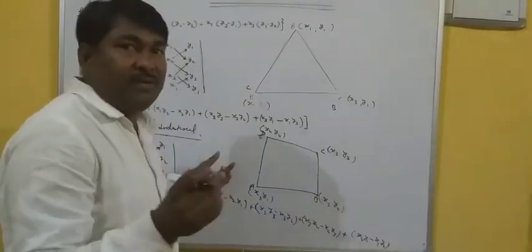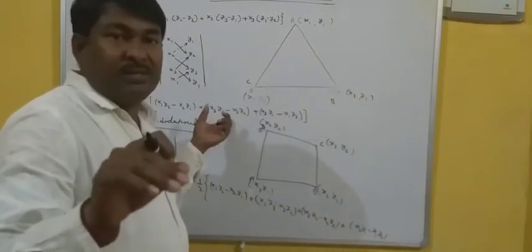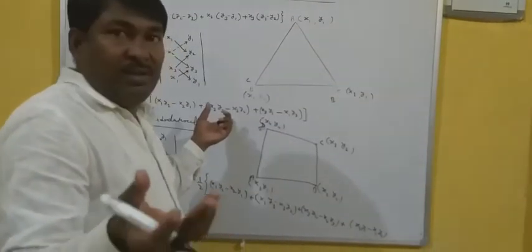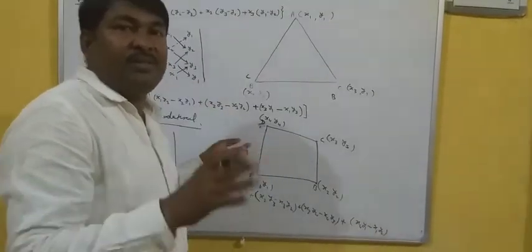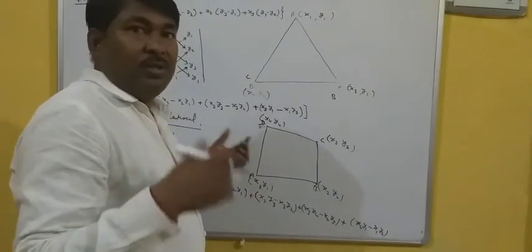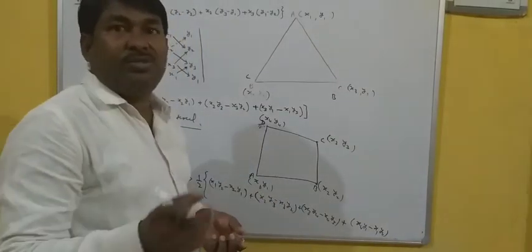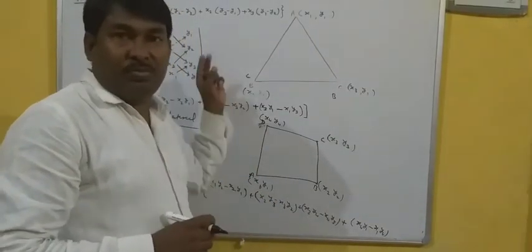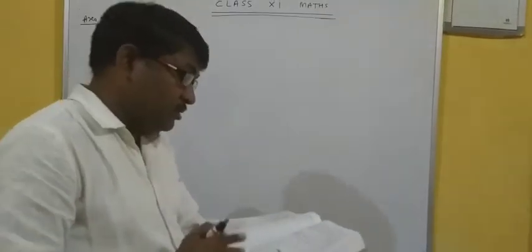Therefore, if you find the area of the triangle by taking those vertices, the 3 points that are given, and we get the area of the triangle as 0, then we can prove that all these 3 points are collinear. So the condition of collinearity is that the area of the triangle should be 0, right? So some numericals here.